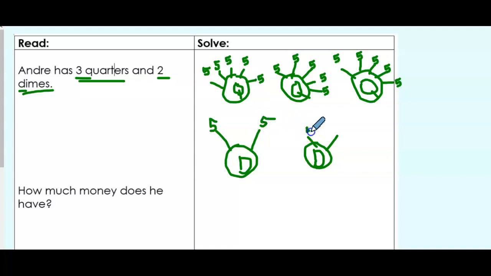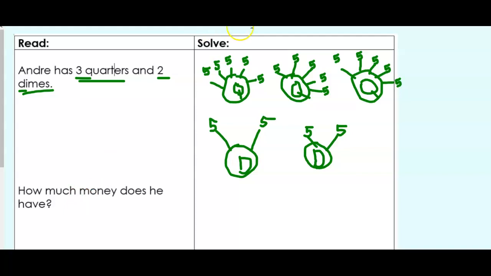The question asks, how much money does he have? So boys and girls, are we putting all the coins together and adding, or are we subtracting? That's right. We're adding to see how much money he has.